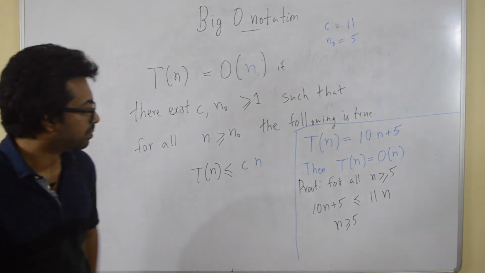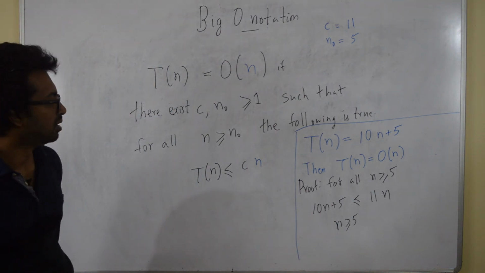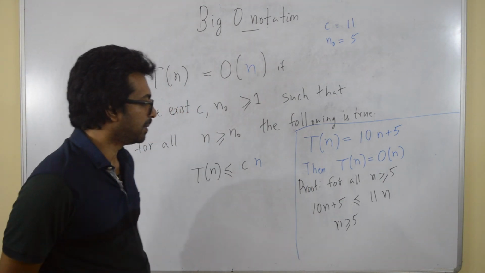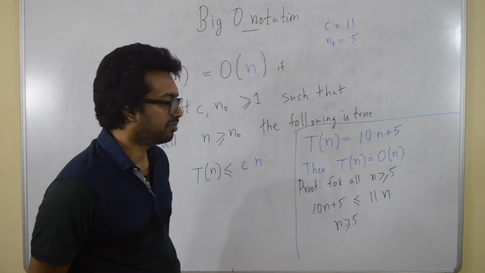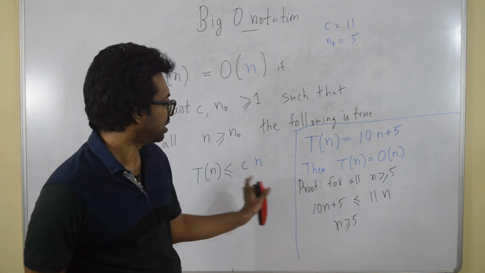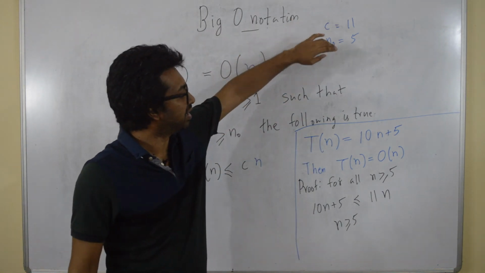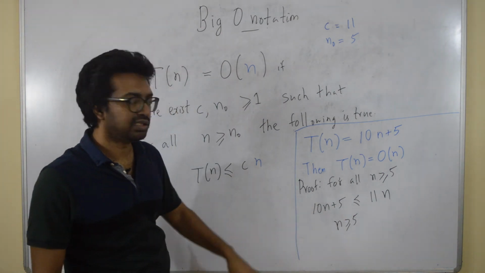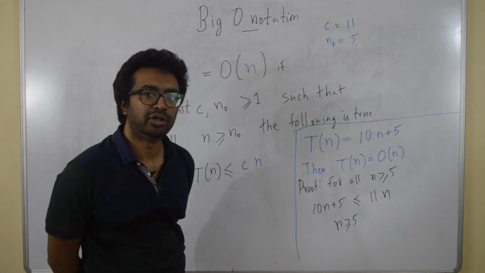So this is the proof. Since for all n, 10n plus 5 is less than or equal to 11n, you are done. What I just argued is that if you take these constants C and n0, 10n plus 5 is less than or equal to 11n, and therefore T of n is equal to big O of n.